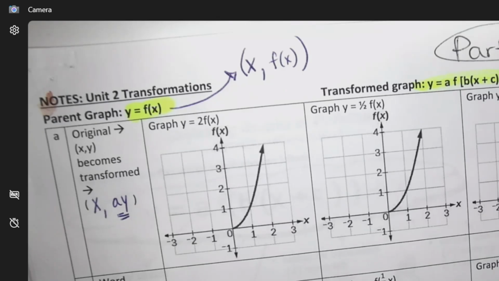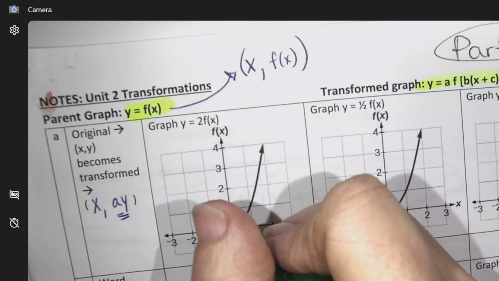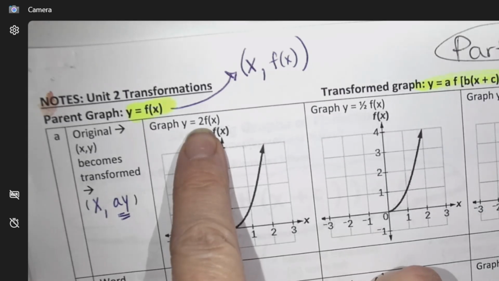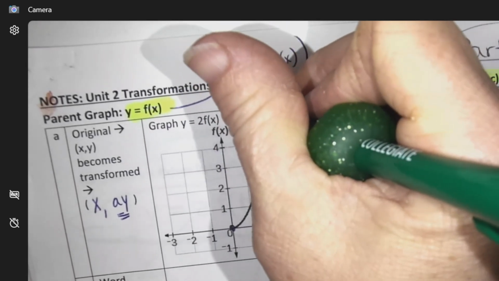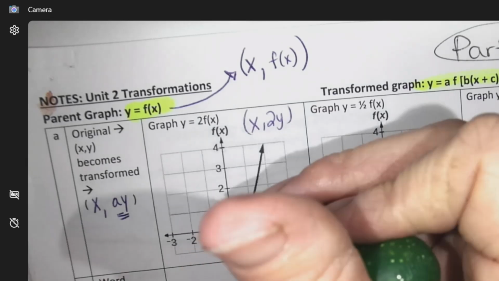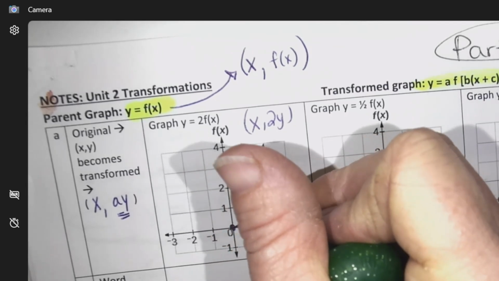For instance, this coordinate is 0, 0. If I multiply the y by 2, I double the y. What happens to the 0, 0 coordinate? Nothing. Okay, then this coordinate is 1, 1.